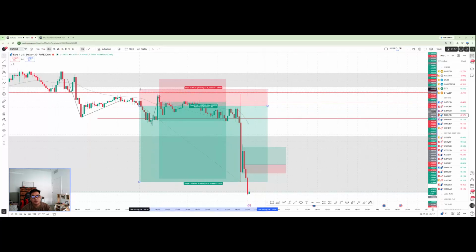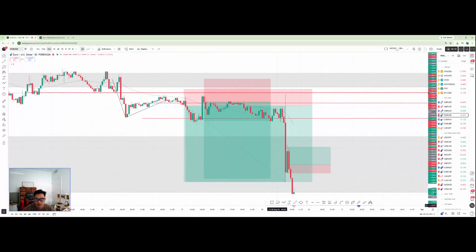So the reason why I put my stop loss to break even is because this is Thursday, right? So I don't want to keep holding. Once again, I risk 1K on this trade.